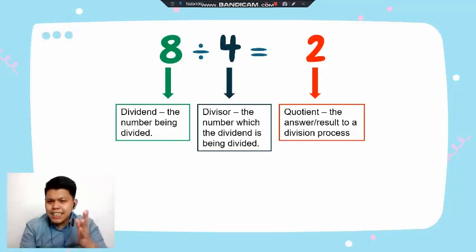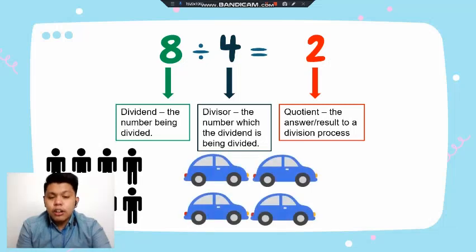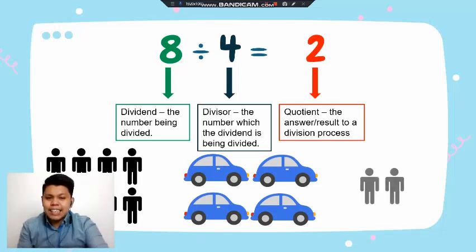So let's see this in a picture. For example, I have here 8 persons and 4 cars. Now our question is how many persons will each car have so that they will be equal? The answer here is 2.